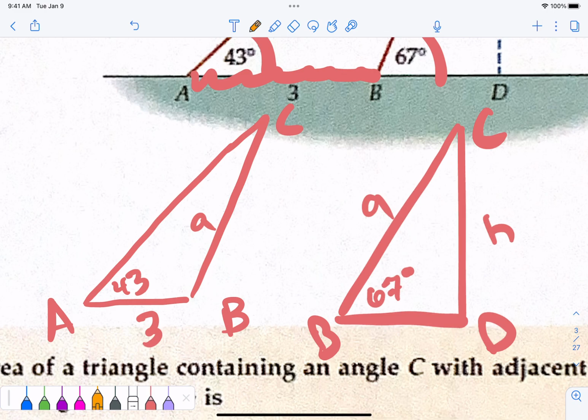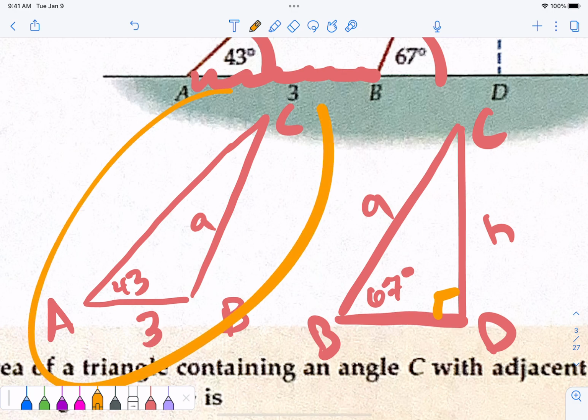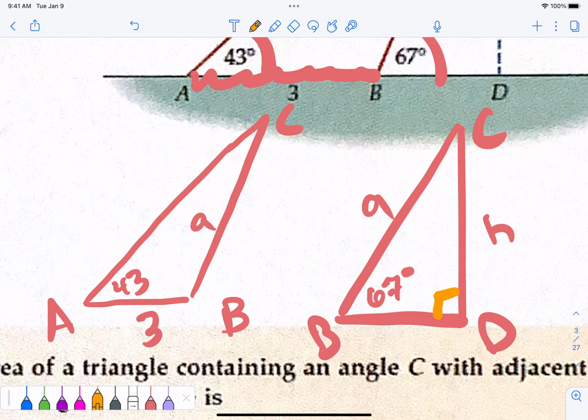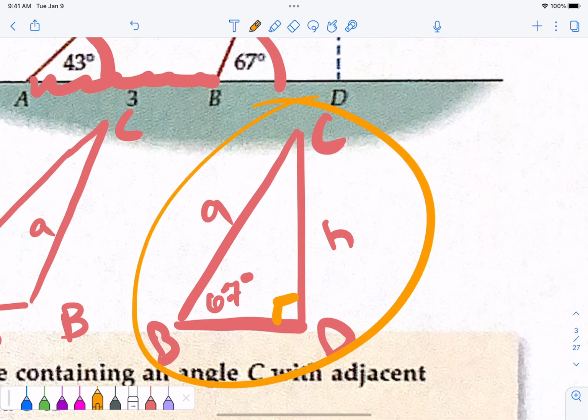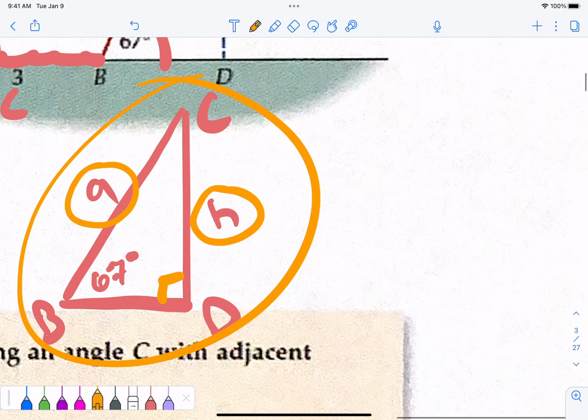Now one of those is a right triangle, this one over here, but this one is not, so this is the one we probably have to use the law of sines on. We could do SOHCAHTOA with the right one to find H. Ultimately, we want to find H. We could do SOHCAHTOA as soon as we find A. So 67 is my angle, H would be the opposite, and A is the hypotenuse.